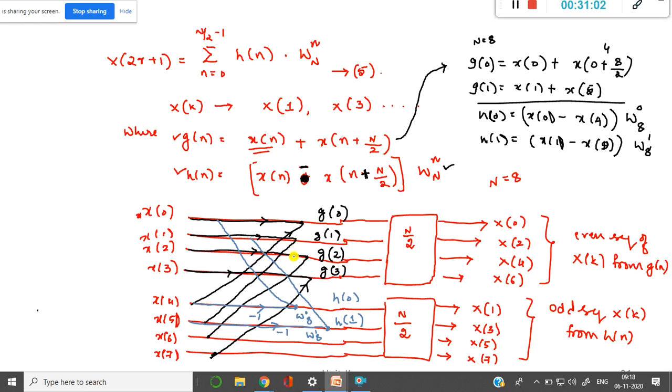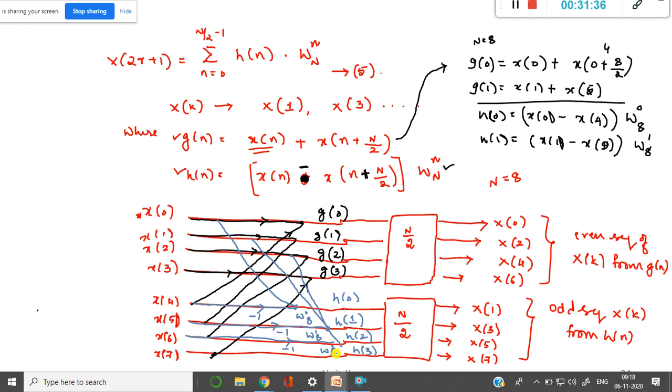Similarly, x of 2 is subtracted with x of 6, and then multiplied with W8 to the power of 2, h of 2 is obtained. Similarly, h of 3 is obtained from, I don't mark that, so it will lead to confusion, it is nothing but x of 3 minus x of 7, and then it is multiplied with W8 to the power of 3. So I hope you got the first half point here.